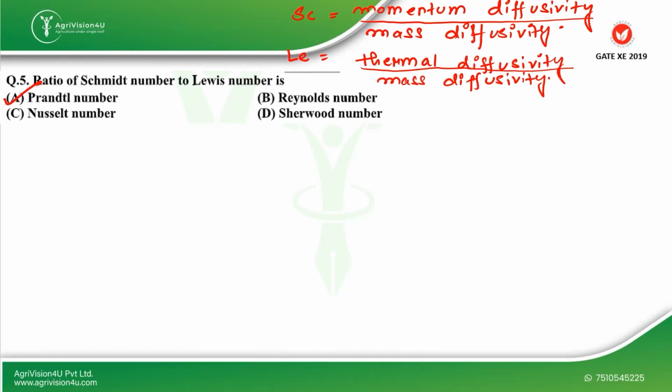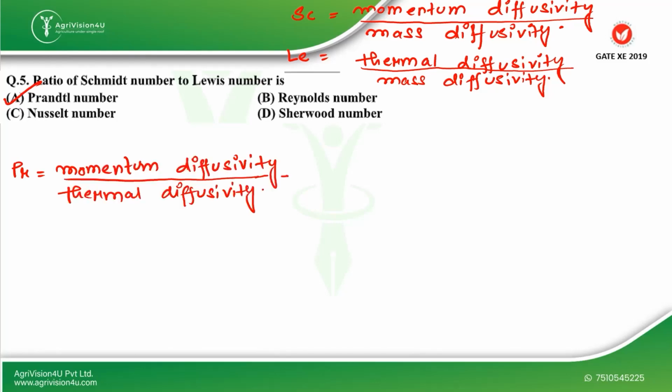It is a measure of the relative importance of heat transfer to mass transfer in the fluid. Now what is Prandtl number? Prandtl number is the ratio of momentum diffusivity to thermal diffusivity, a measure of the relative importance of momentum transfer to heat transfer in a fluid.